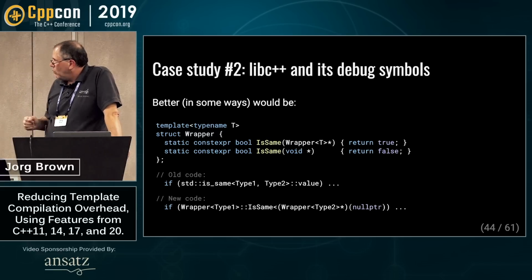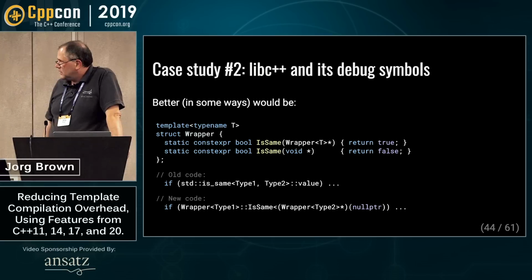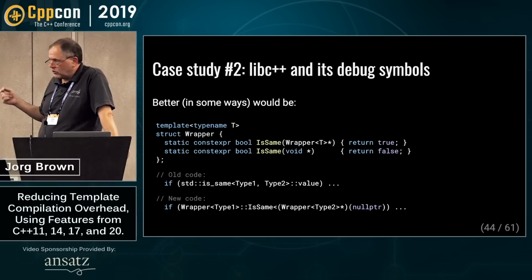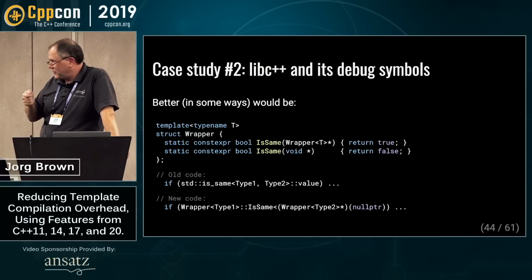So one way to make this better, let's have a little wrapper class. The wrapper class will have 2 functions in it. One function will take the exact same wrapper class as an argument. The other function will just take a void star. So in the previous case, where you would have called std::is_same<type1, type2>::value, in the new code you would write wrapper<type1>::is_same.